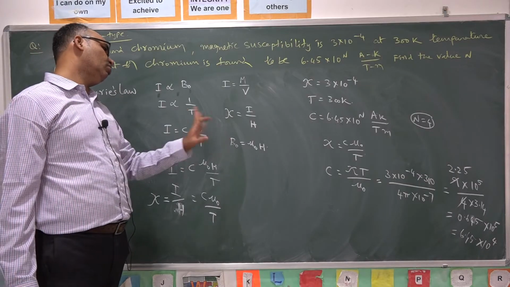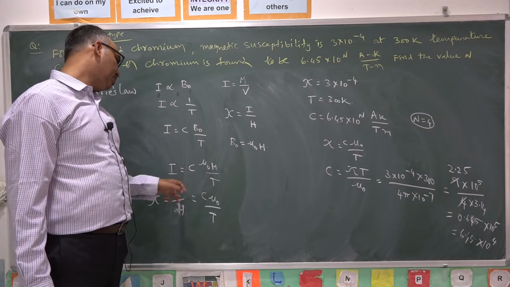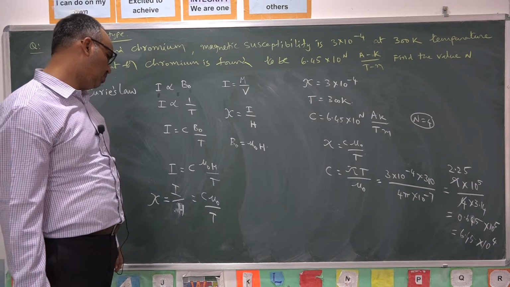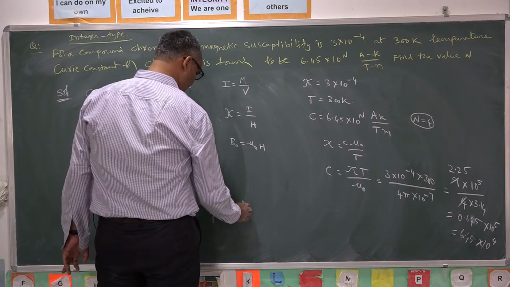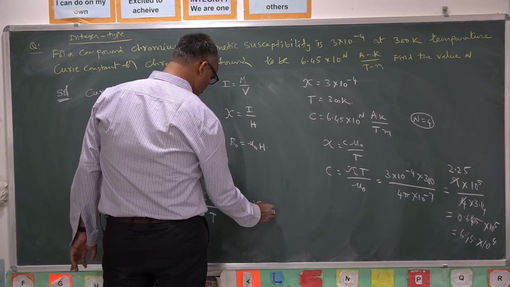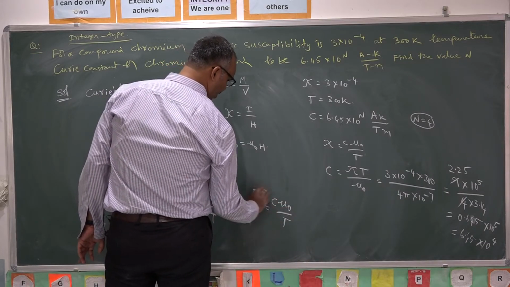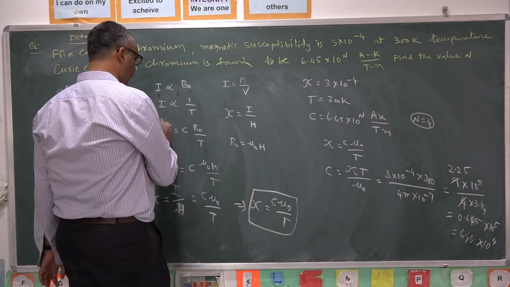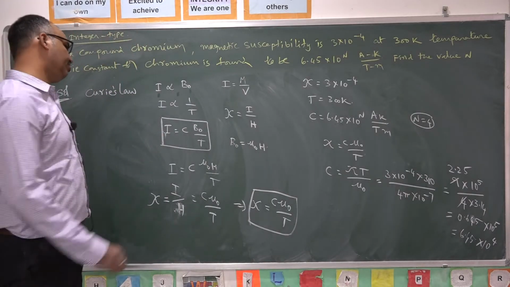B naught is equal to mu naught H. By substituting this formula, I got a relationship. So simply you can say Curie law means susceptibility is equal to C mu naught by T. You can say this as Curie's law, or Curie law. Both are nothing but the same.